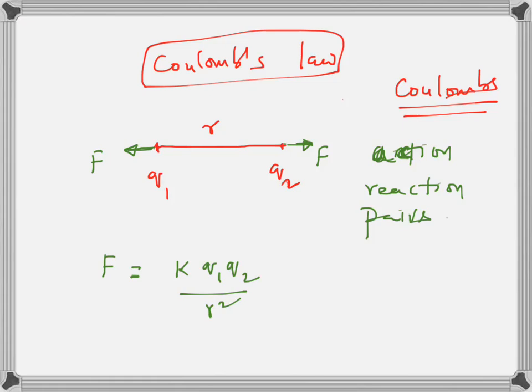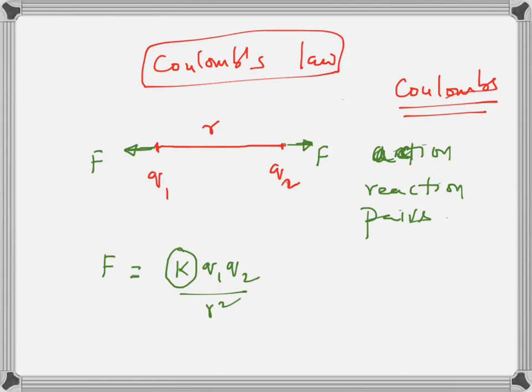That's why Coulomb's law, the electrostatic force of attraction or repulsion, and the gravitational force given by Newton's law of gravitation, are called inverse square law forces. They follow the inverse square law because these forces vary as 1 by r square. Here k is a constant, which is not exactly an absolute constant like in gravitation.